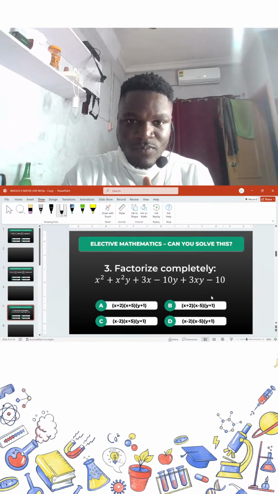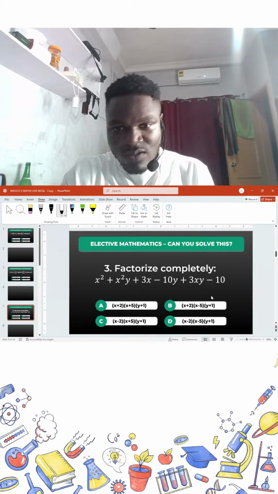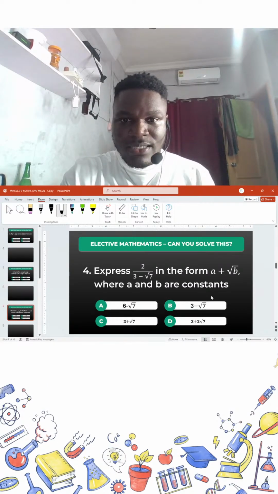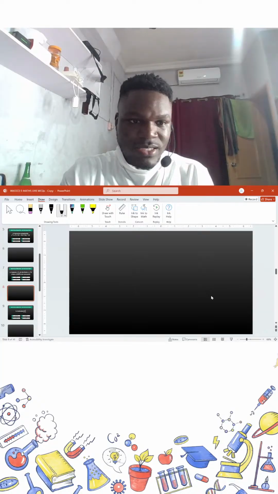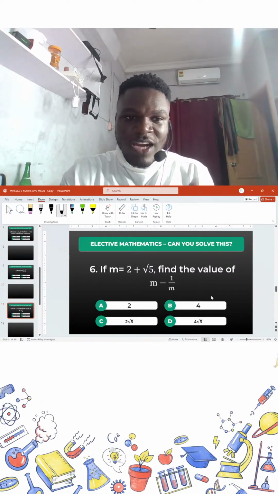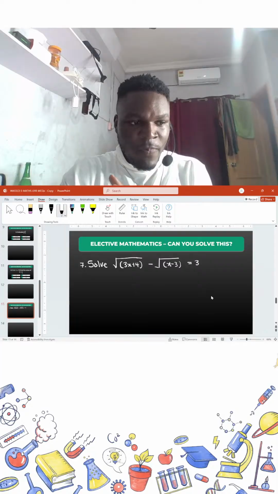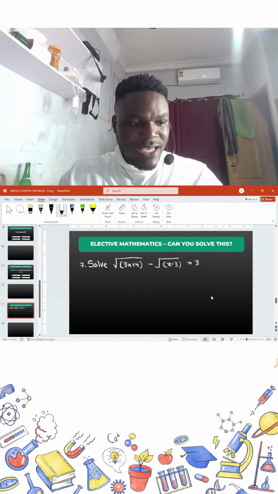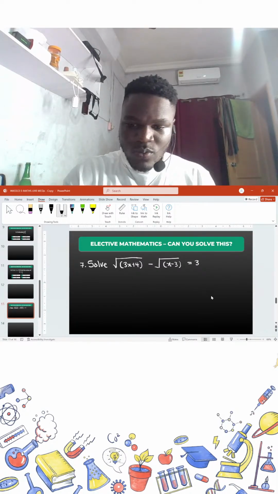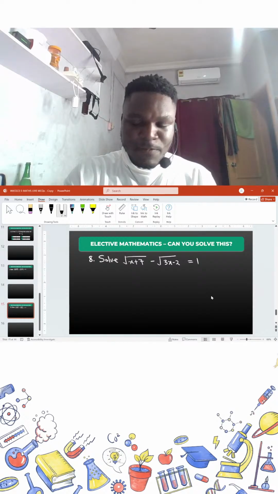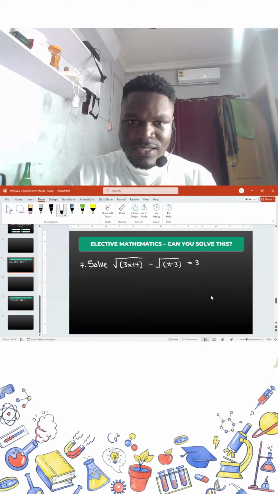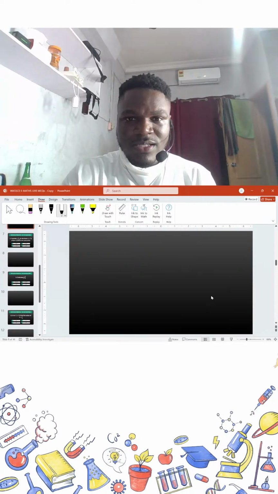You can see them. We have to factorize. Factorization is also part. And then we come to sets. You can see the questions. Now there are objective questions. And then we have how to solve sets. Okay, set equations are also part. We have those as the last two set of questions that we have. So these are the questions that we'll be looking at.